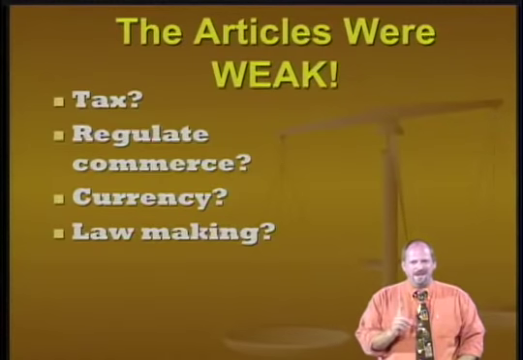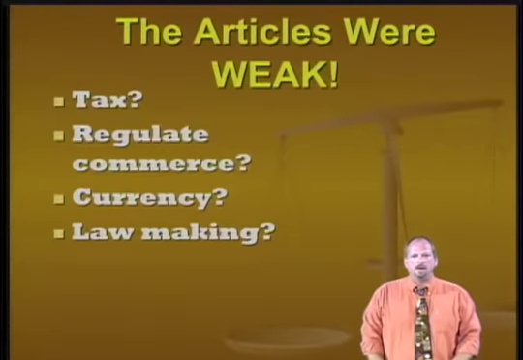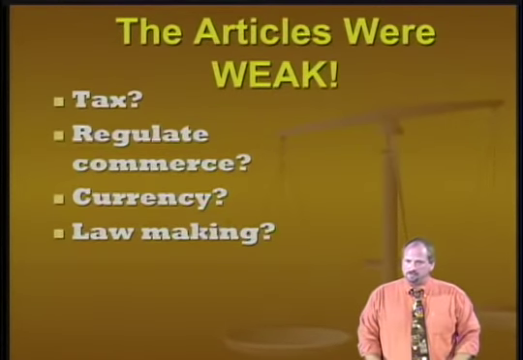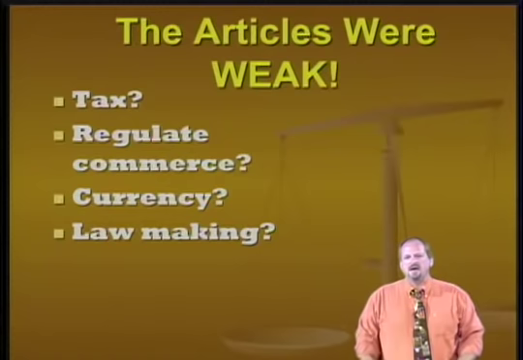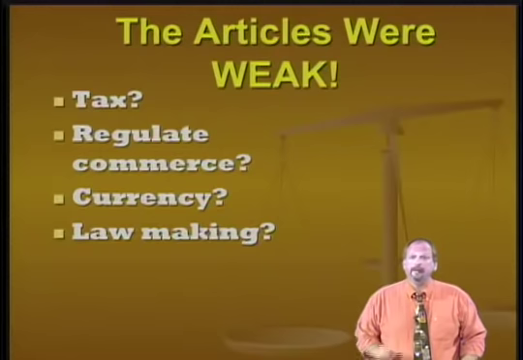Lawmaking? Yes. Congress, in the Articles of Confederation, could make a law, but it was difficult. It would take 9 out of the 13 states to agree for any one law to pass. Like 9 states are going to agree on anything.